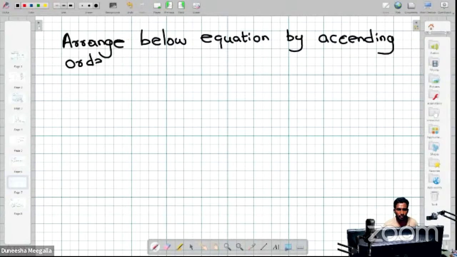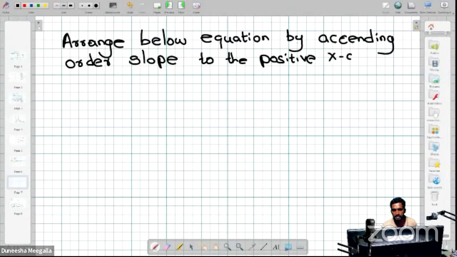Okay, ascending order of slope, up to the positive x-axis.